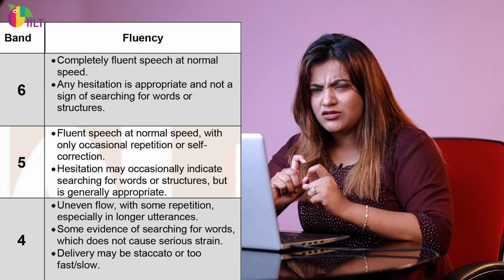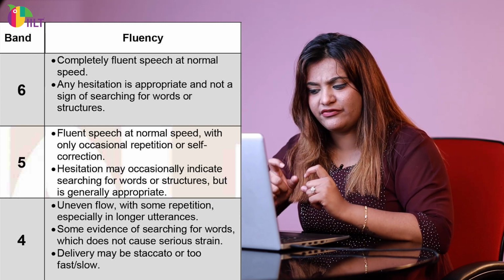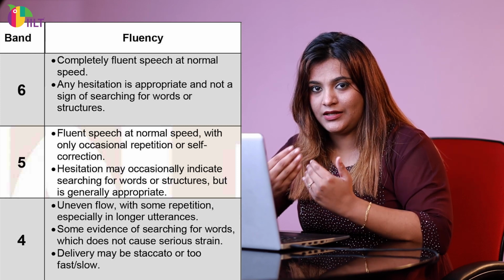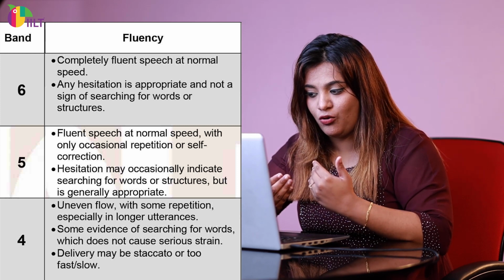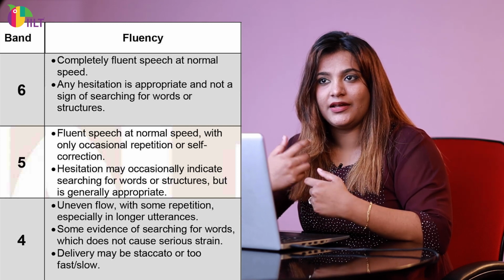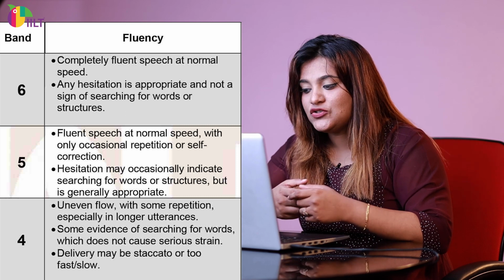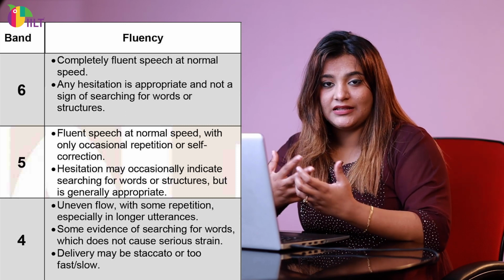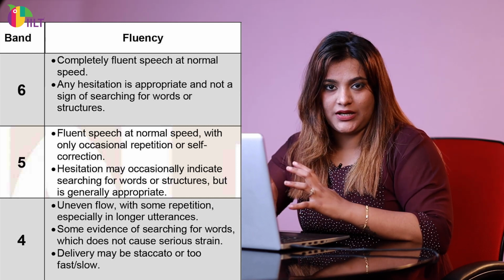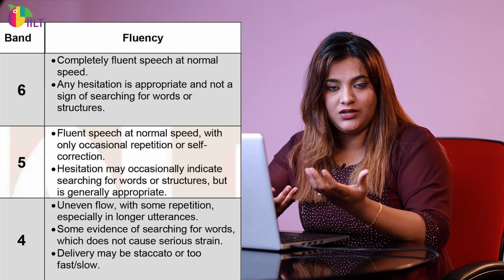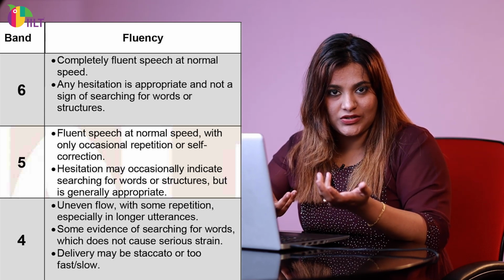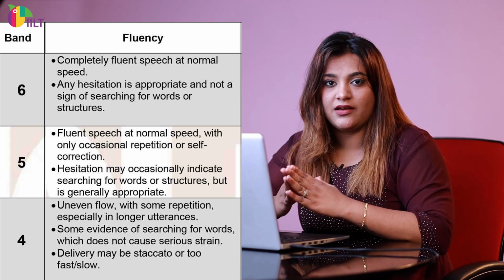There is no serious difference between 4 and 5, but if your speaking is really uneven, unlike the parameters you have to meet for the 5 band score, with some repetition, especially in longer utterances, okay, you're repeating it so many times, and it is very evident that you're searching for the next word, but it does not cause a strain. You are searching for the next word, but it's not causing a strain for you to speak or for the listener to understand what you're saying. In that case, you can get a 4 band.